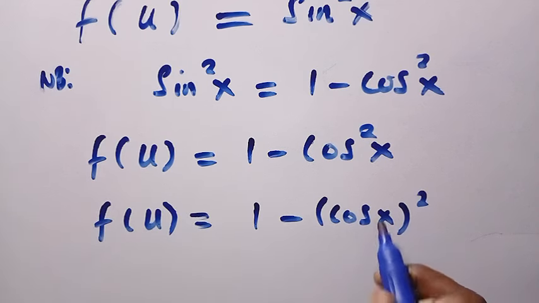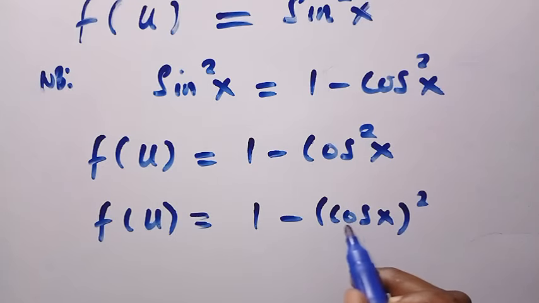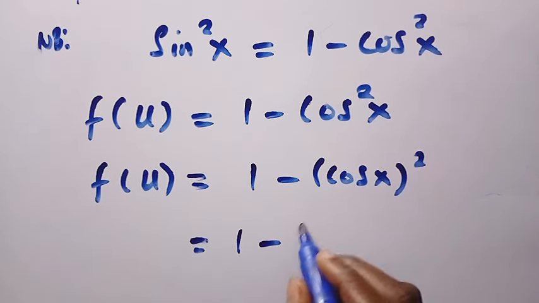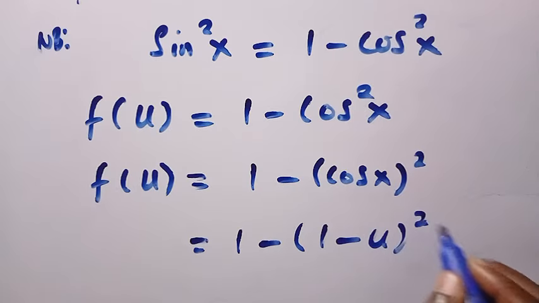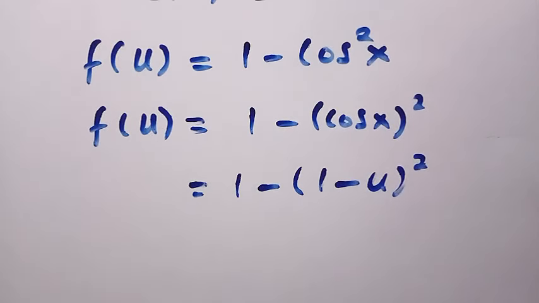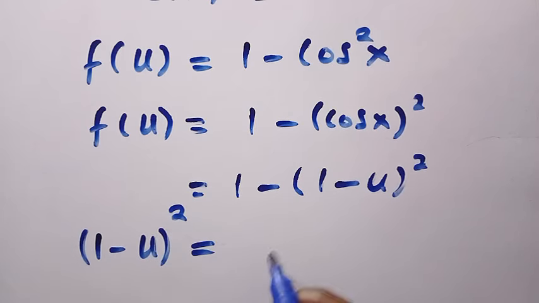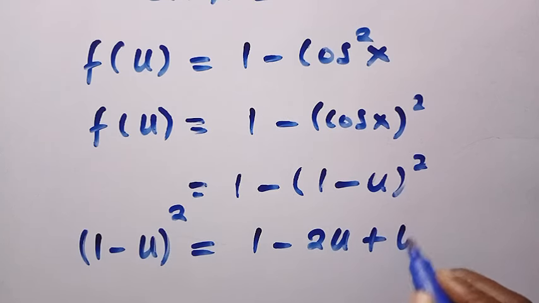Since we are dealing with u, we replace the whole of cos x with 1 minus u. We have 1 minus, instead of cos x, 1 minus u all raised to the power of 2. When we expand 1 minus u squared, we get 1 minus 2u plus u squared.